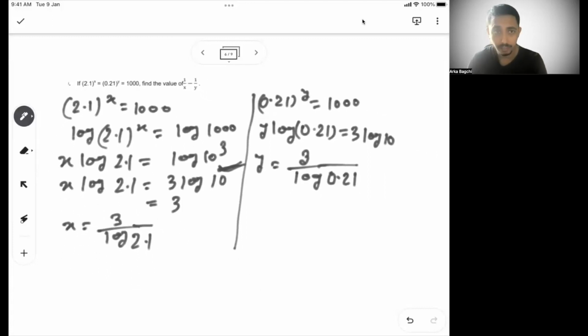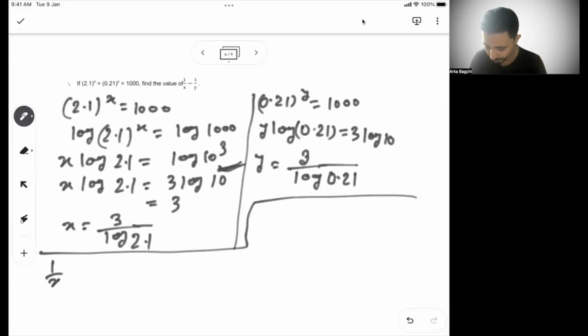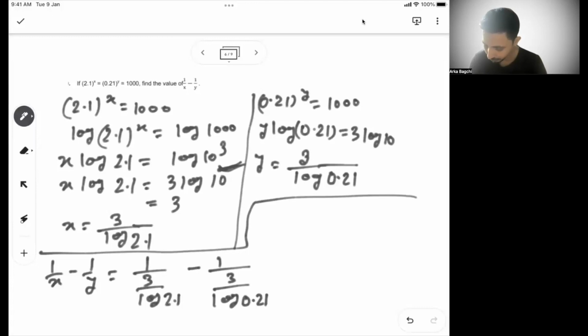Now what they have asked is the value of 1 by x minus 1 by y. Now 1 by x means 1 by 3 by log 2.1, that is log of 2.1 by 3, minus log of 0.21 by 3.